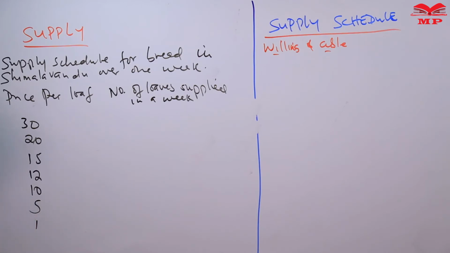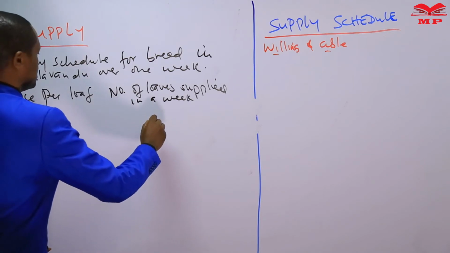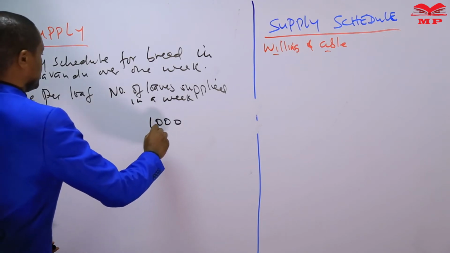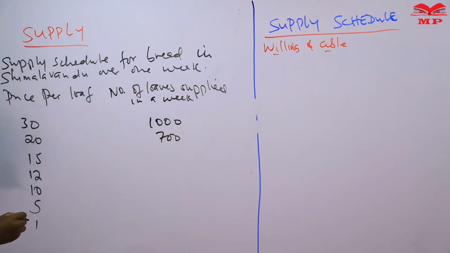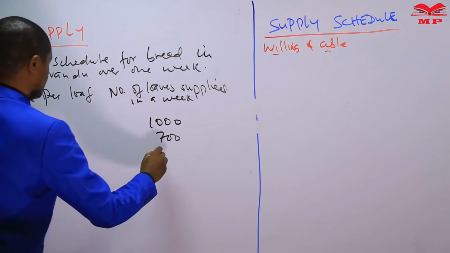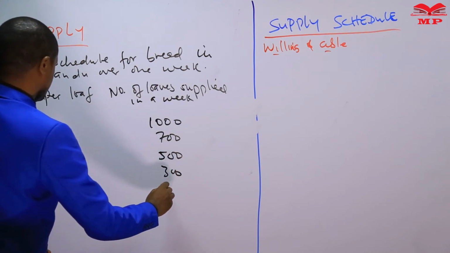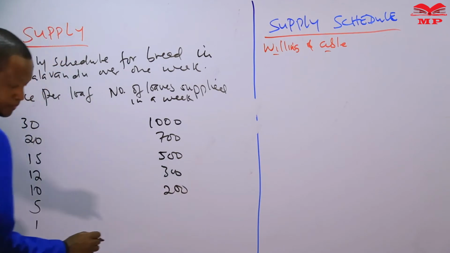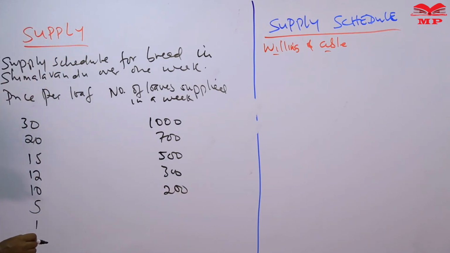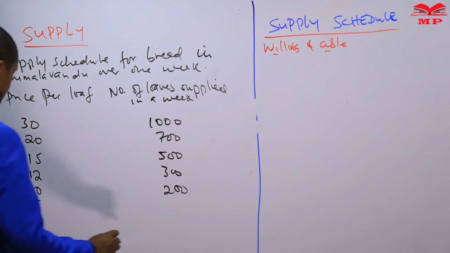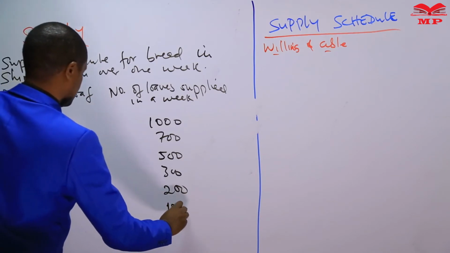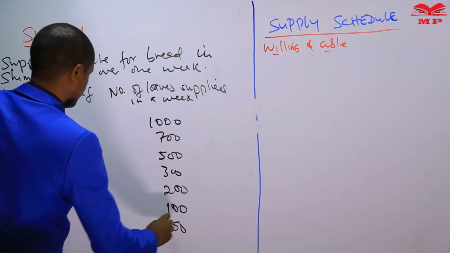Then the number of loaves: 1,000, 700, 500, 300, 200, 100, and 50.